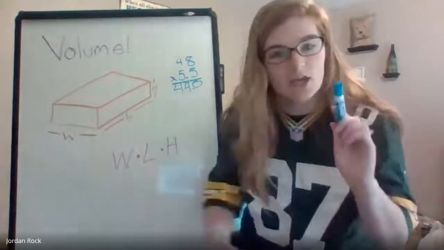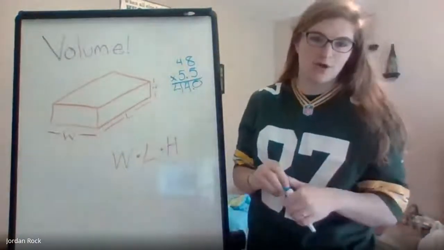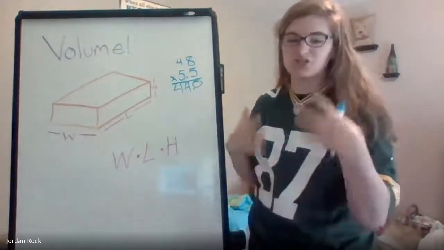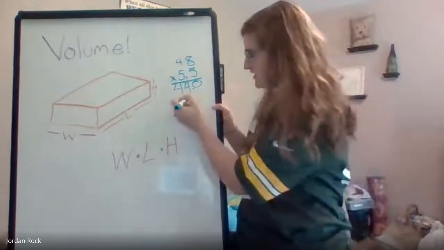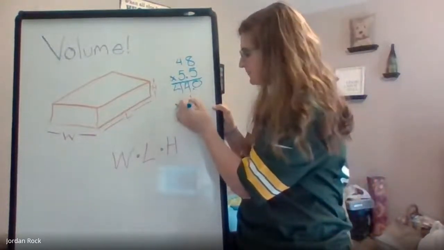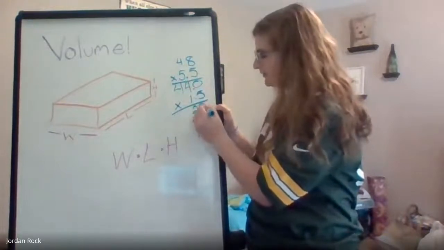And notice I said cubed. We're working with a third dimension now. Because I've got 3 dimensions, this is a 3-dimensional shape. So this is going to be times 1.5. Half of it was 22.